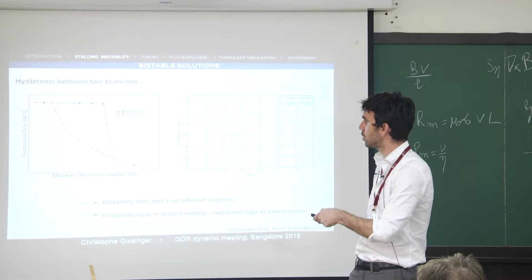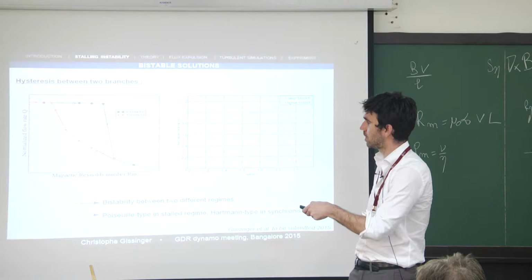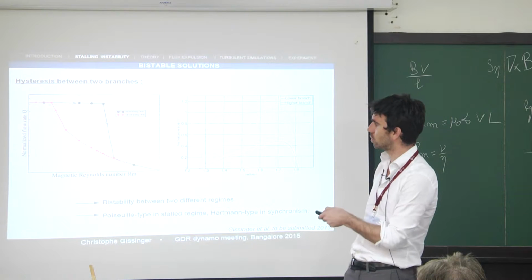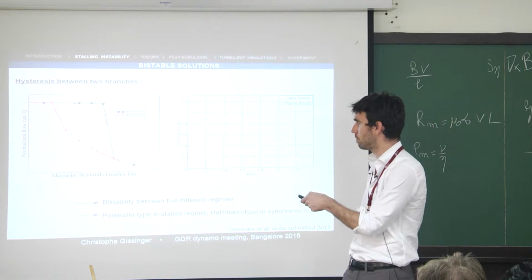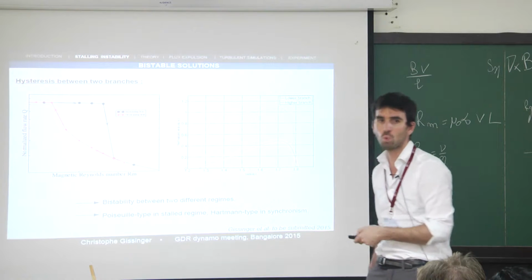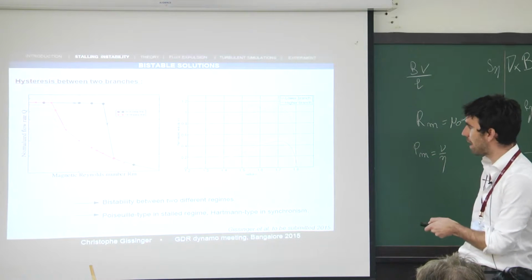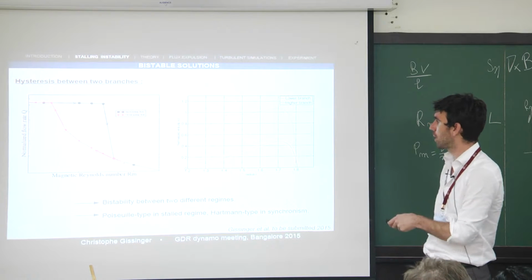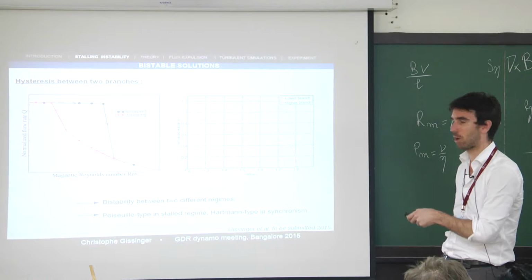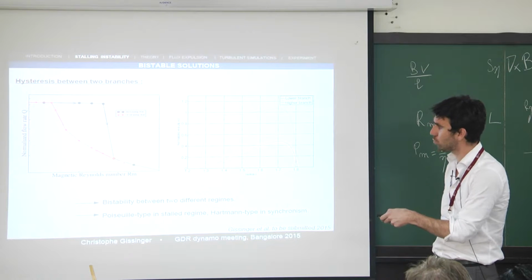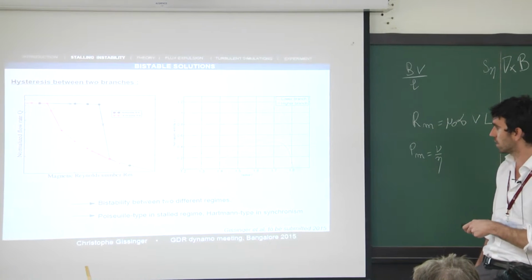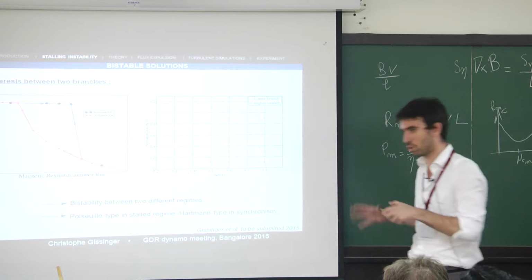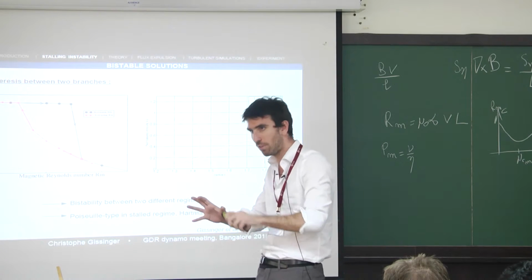On this branch, we can go back with Rm and we keep a small value, so very strong hysteresis. In particular, there is a bistability between this branch and this one. What is quite interesting is that this bistability involves two very different states. On the upper branch, you have the Hartmann-like profile I talked about. But when you jump to the lower branch, you're more like creating some kind of annular Poiseuille flow. So it's a bistability between very different regimes.